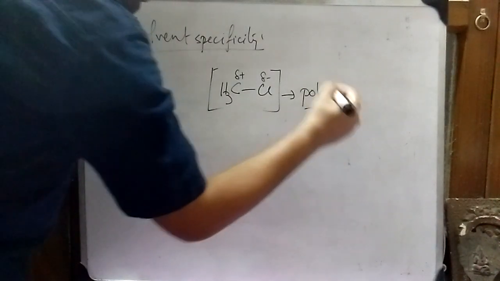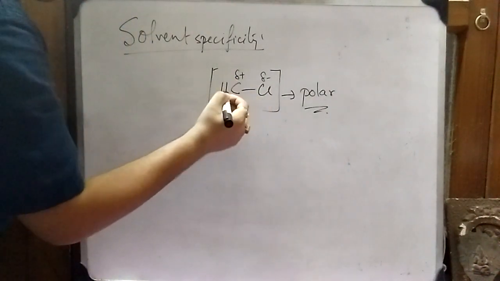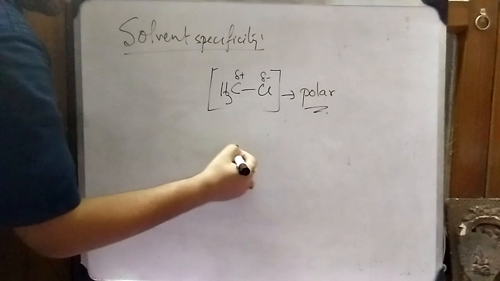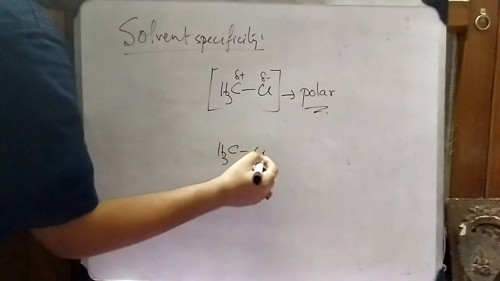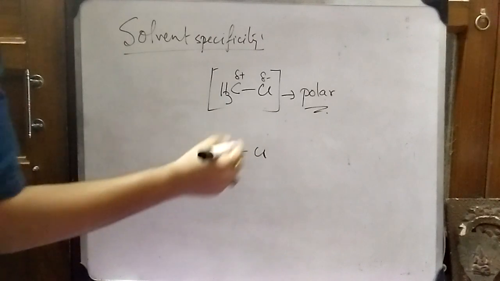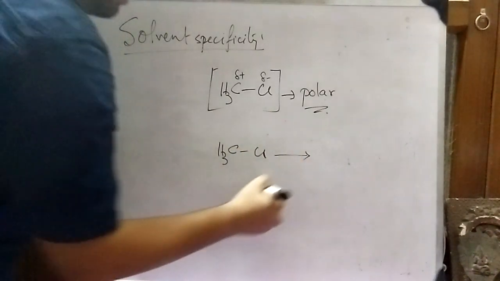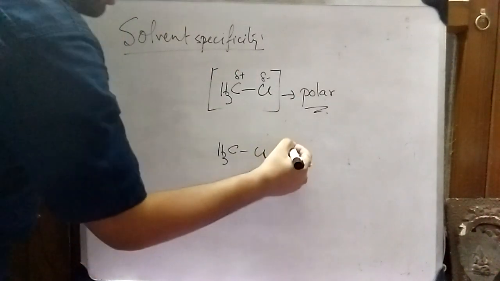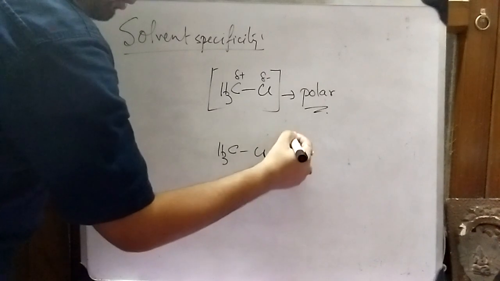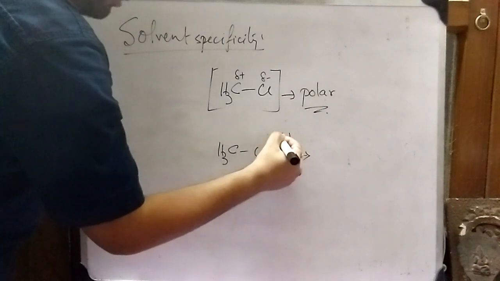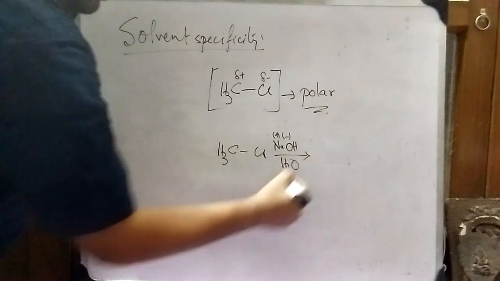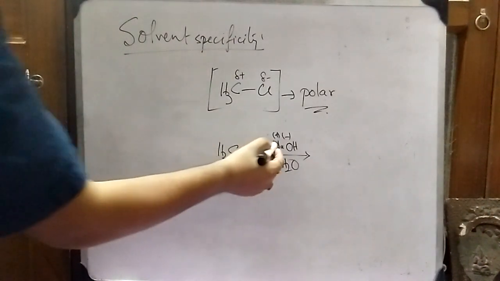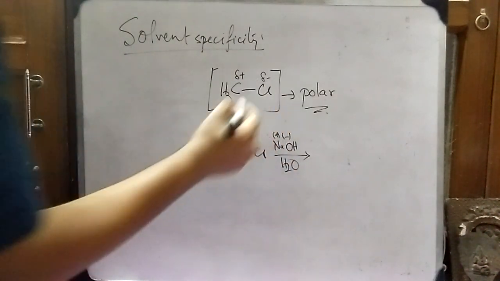Now what is happening here? Suppose I am taking CH3Cl as an example, with OH as a nucleophile, NaOH, Na plus and OH minus in water.